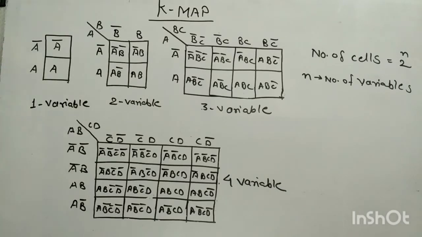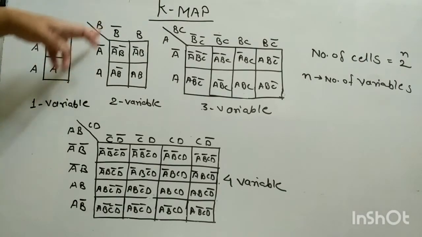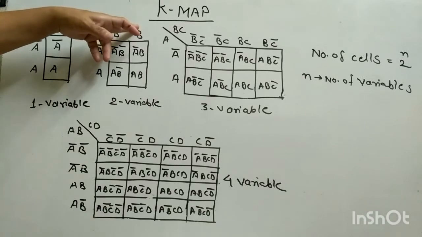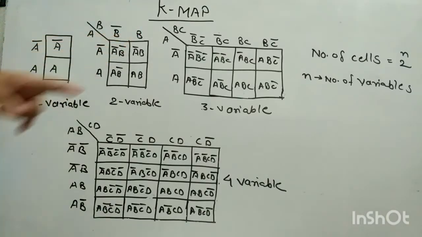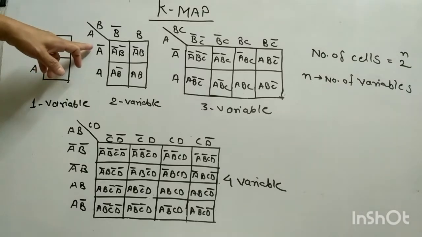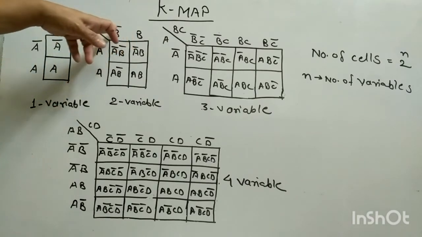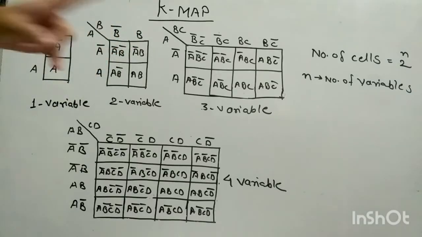Now if you observe this K-map carefully, you will find that when we move from one cell to the next, either along a row or along a column, only one variable changes. For two variables, when you go from the first row to the second row, A bar to A, one variable changes. From one column to another, B bar to B, so one variable changes.